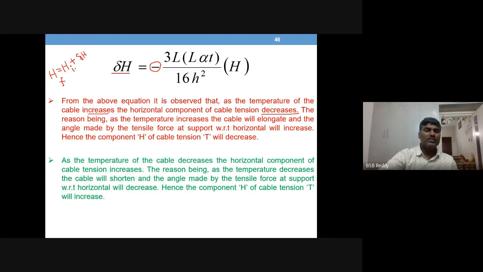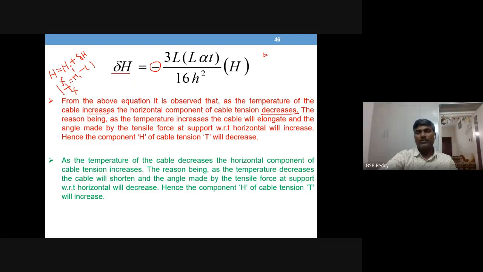So initial plus change. When the temperature is increased, H initial minus the value, you are getting a negative value. So H final is reduced, right? Decreases. What is the reason for that? What happens when temperature is increased?